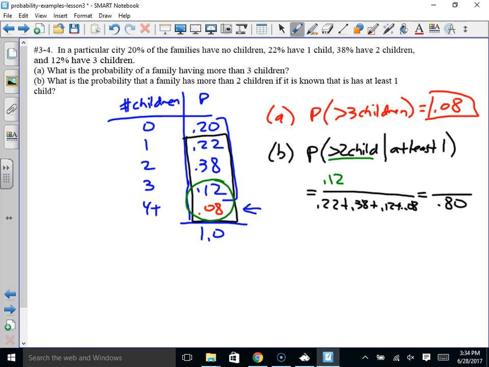So 0.12 plus 0.08, which would be 0.2. So 0.2 divided by 0.8 turns out to be 0.25. So that's a conditional probability, and we have to figure out what represents the conditional probability. You can use either counts, or percentages, or decimals for probability like we did here. All right, let's go ahead and move on.